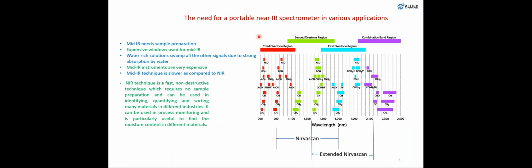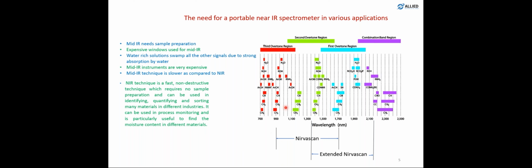The chart shows the absorption bands of different molecules in the far red from 700 to 780 and the near infrared from 780 to 2500 nanometers. You can see that there are several regions: a combination band region, and first overtone, second overtone, and third overtone regions.